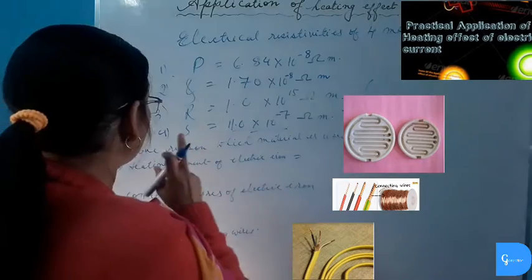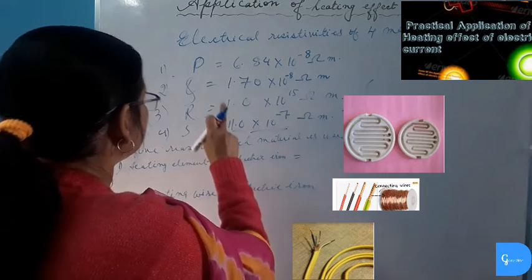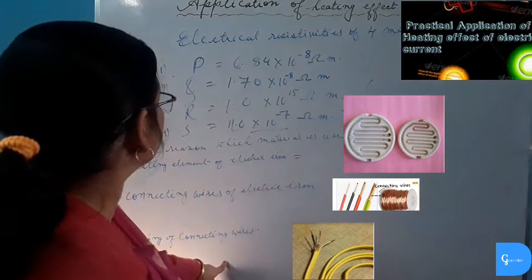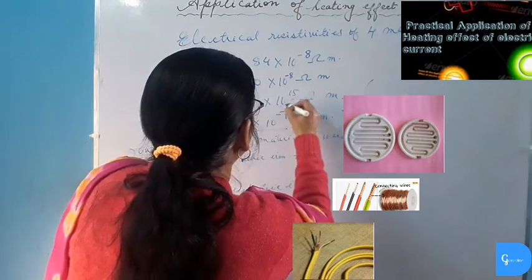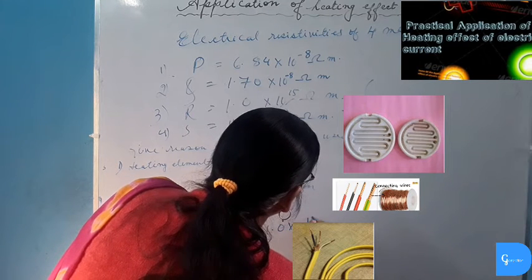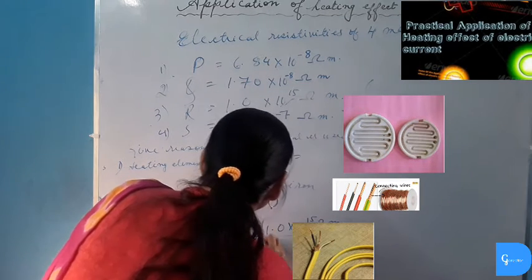So from this we will find which has the highest resistivity. The highest resistivity will be used as insulators or covering of the connecting wires. So the highest resistivity is found in 1.0 into 10 to the power 15 ohm meter. This must be used as an insulating wire.